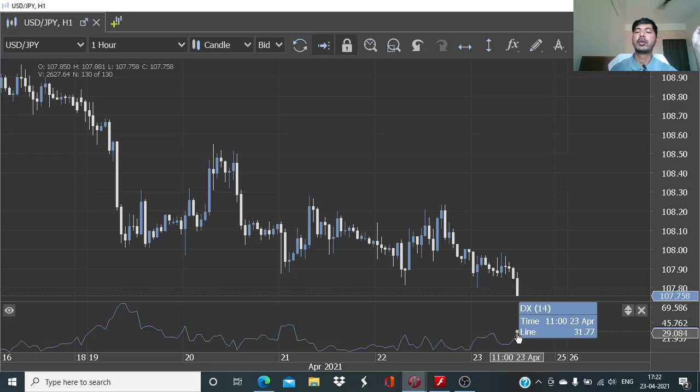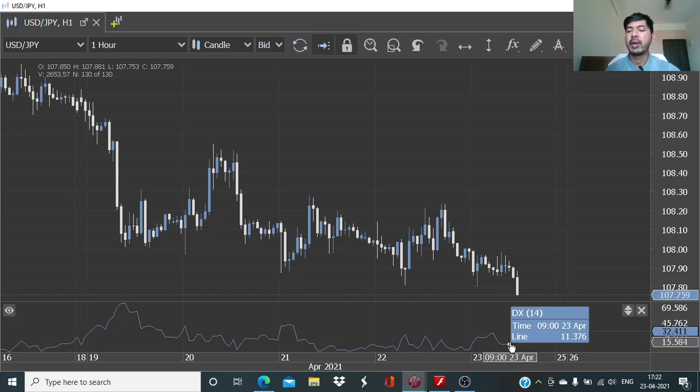And as you can observe this time around also, the USD JPY is sinking and we have this DX value. I'm again saying ADX, but this DX value should be jumping up above 25, and at the same time, as you can see on the chart, it has doubled in the last 2 hours.